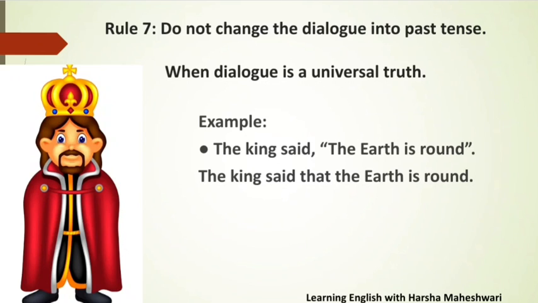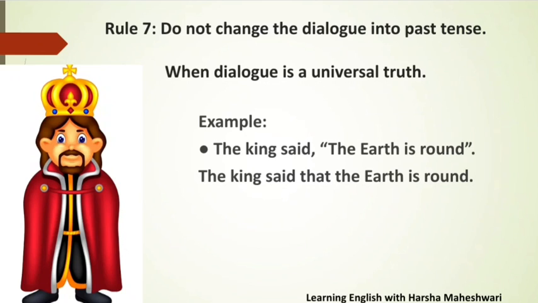Do not change the dialogue into past tense. In the seventh rule, there is one exception where you don't change reported speech into past tense. For making indirect speech of a universal truth sentence, the reported speech is not changed, even if the reporting verb is in past tense. Example, the king said, "The earth is round."